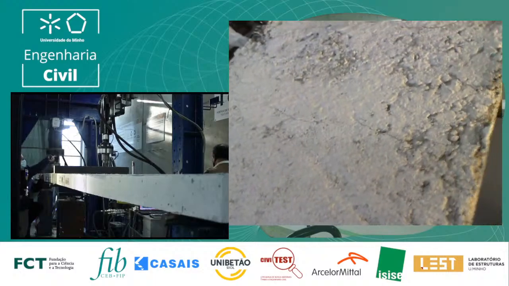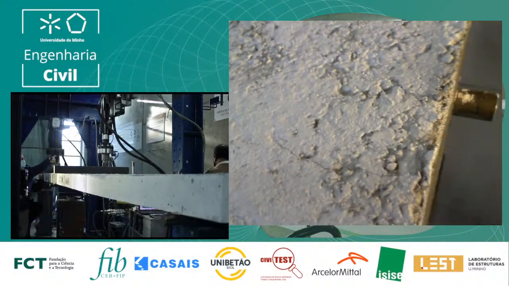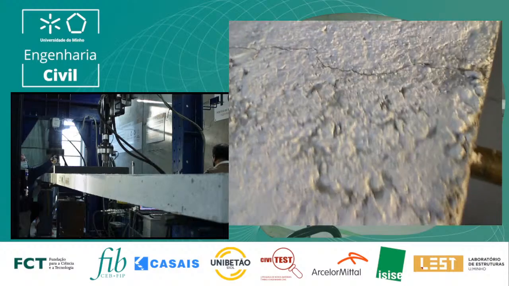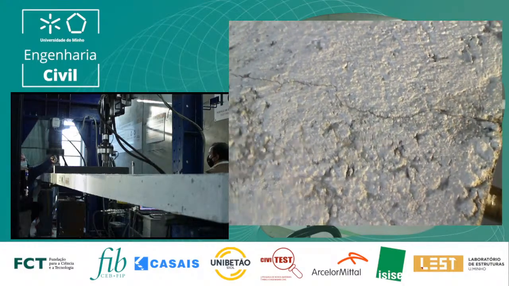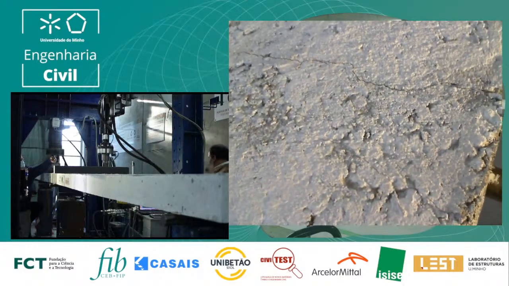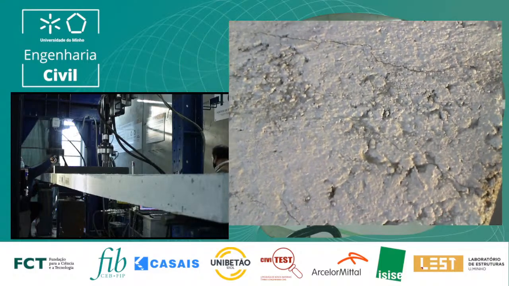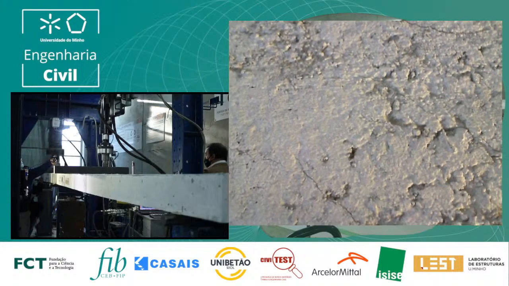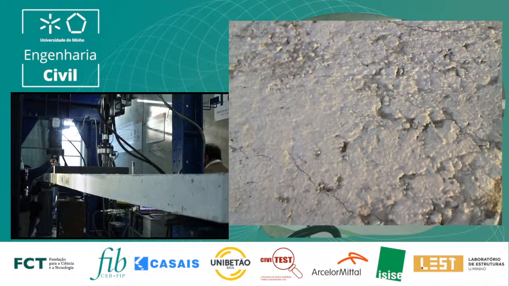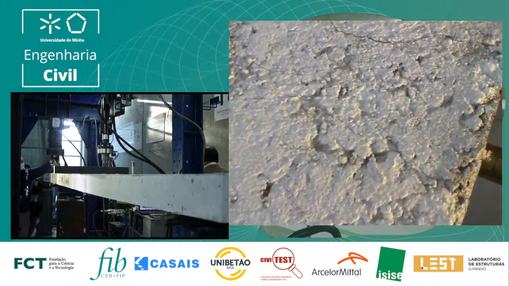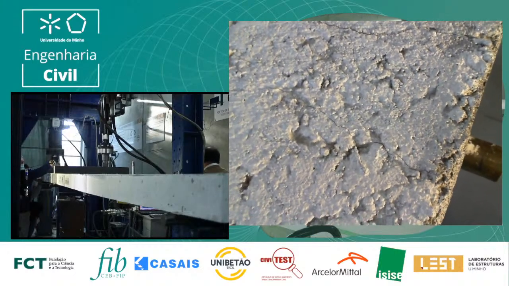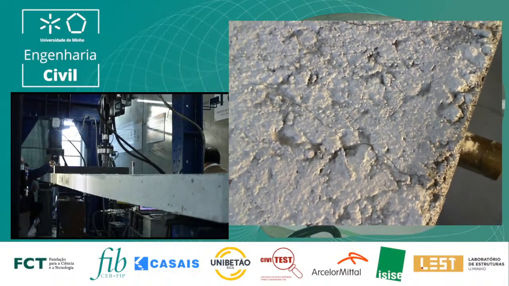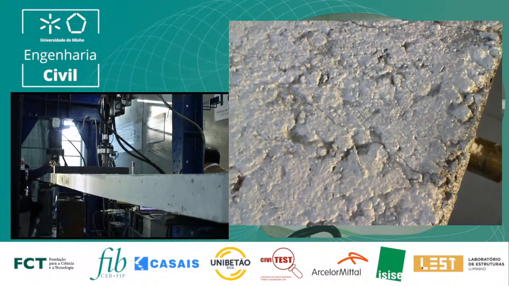So we see here the crack. So one crack here, the other crack in the lower is just one. 24. Okay. So the load that we are indicating is only one load in one session region. So this means that the total load is double.